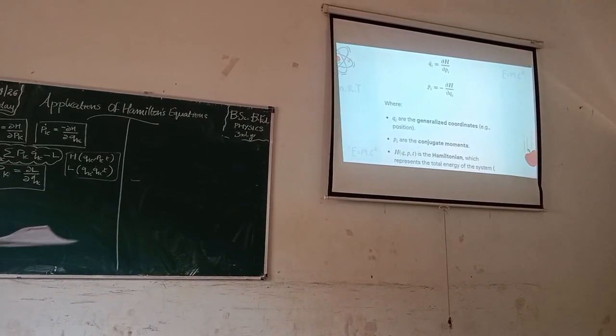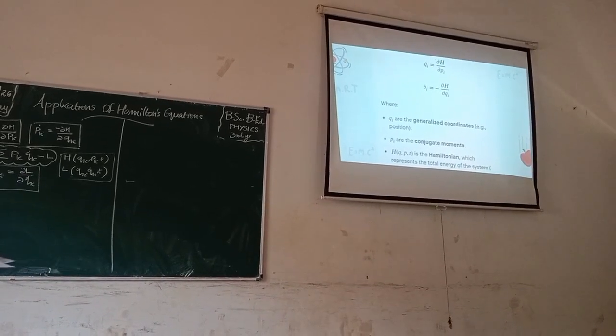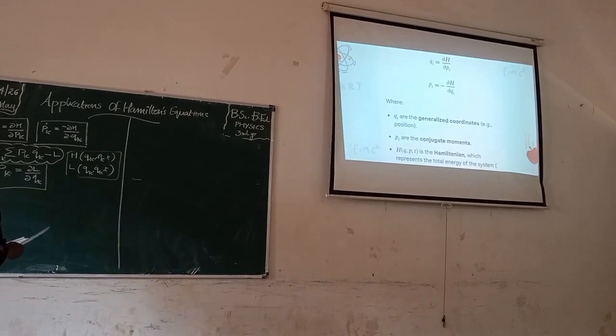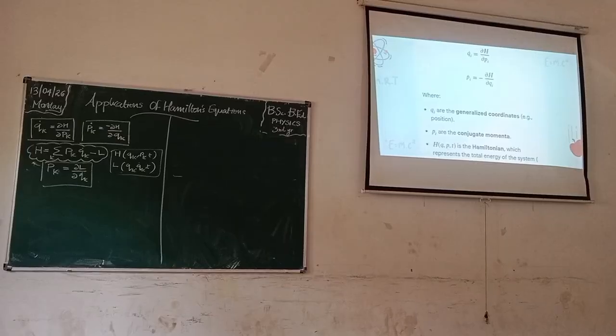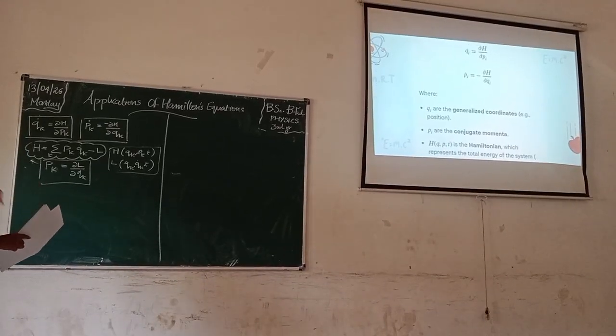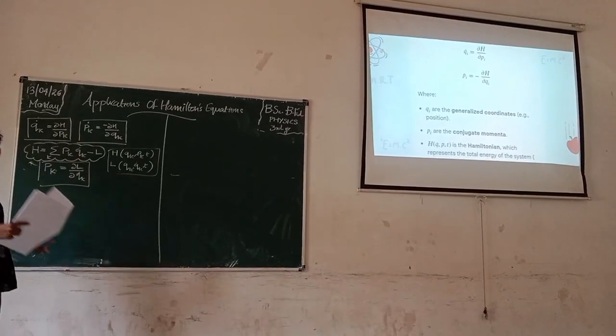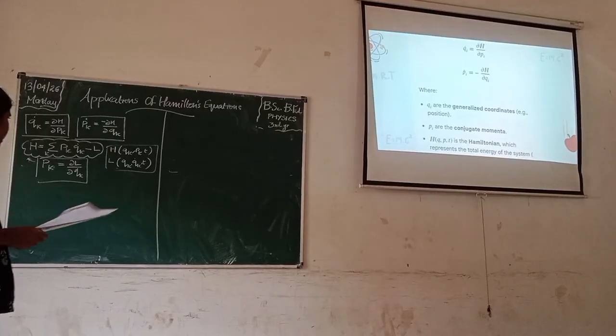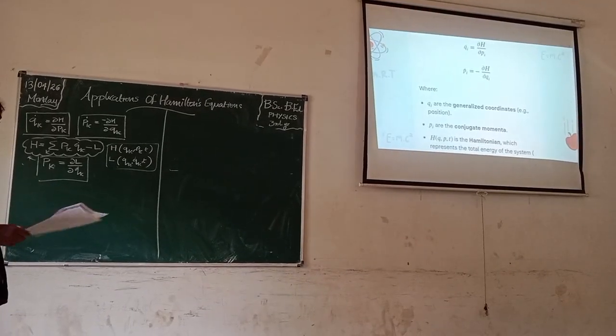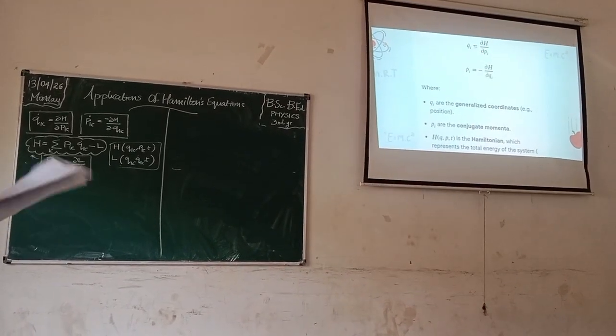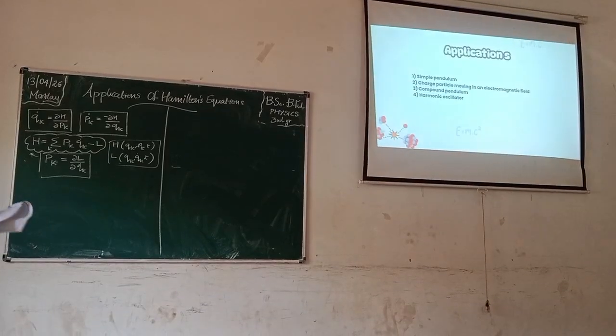So these are the equations I already wrote here. And in these equations, what is qk, what is pk, that is all studied already. I will say that qk is the generalized coordinate and pk is the generalized momentum. So that also one should know.